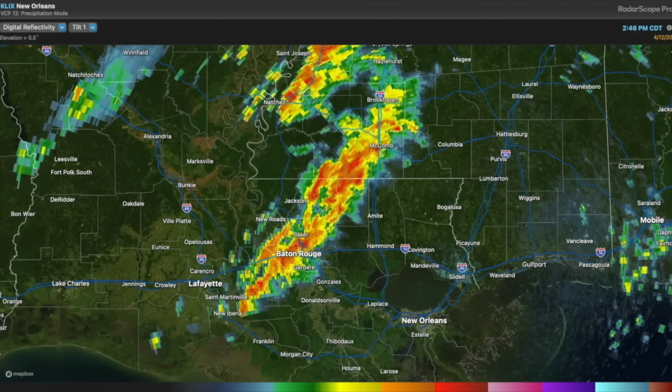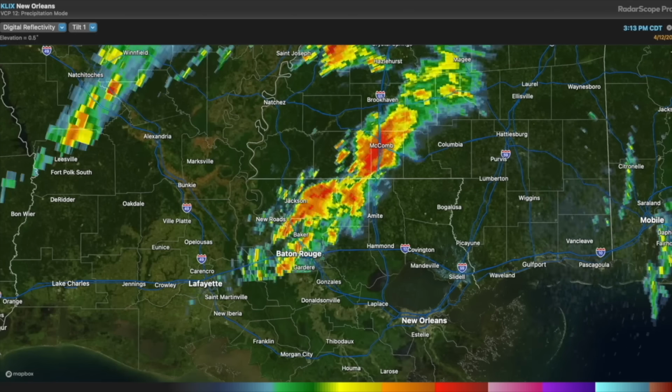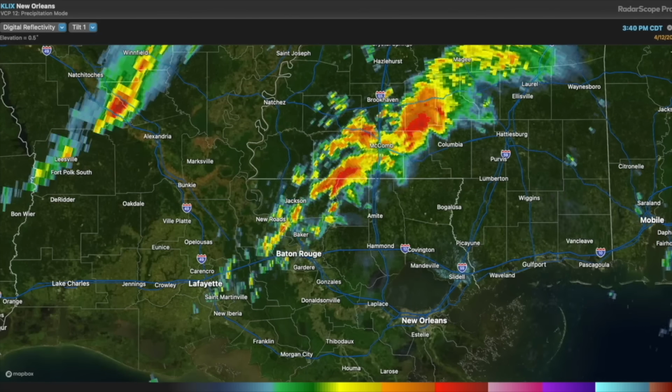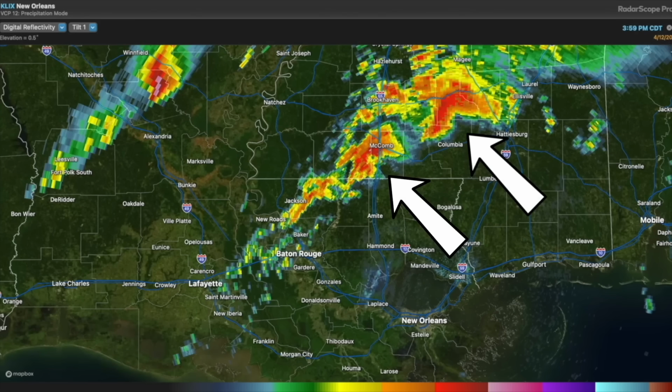However, this aided in storm intensification in the face of strong vertical wind shear. Eventually, two discrete supercells emerged after the initial interactions were complete, both of which became significant tornado producers. Had the initial updrafts been more isolated in nature, they likely would have struggled, and the outcome may have been quite different.